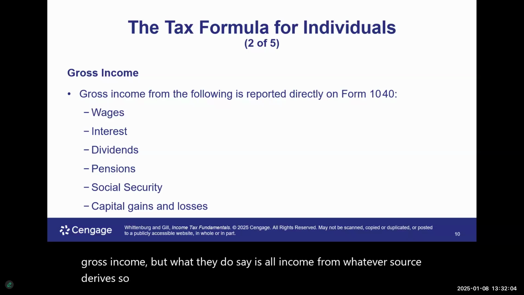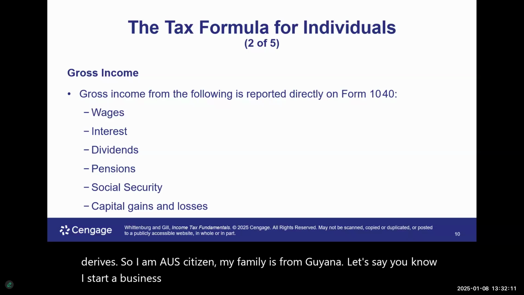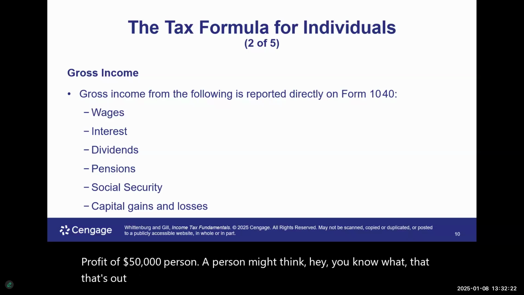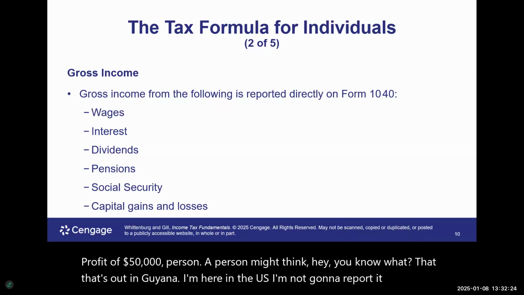So I am a U.S. citizen. My family is from Guyana. Let's say I start a business out in Guyana and it's earning income. Let's say for the year we had profit of $50,000. A person might think, hey, that's out in Guyana. I'm here in the US. I'm not going to report it. Uncle Sam ain't having that.